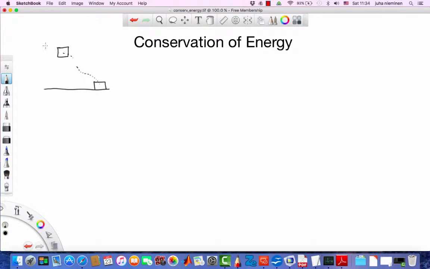Here we have a box at altitude or height y2, and then the rest position is called y1. So we have some zero level at some arbitrary height like this.